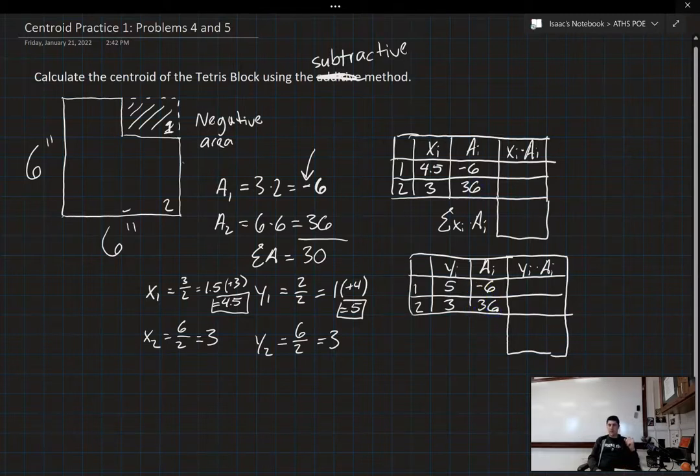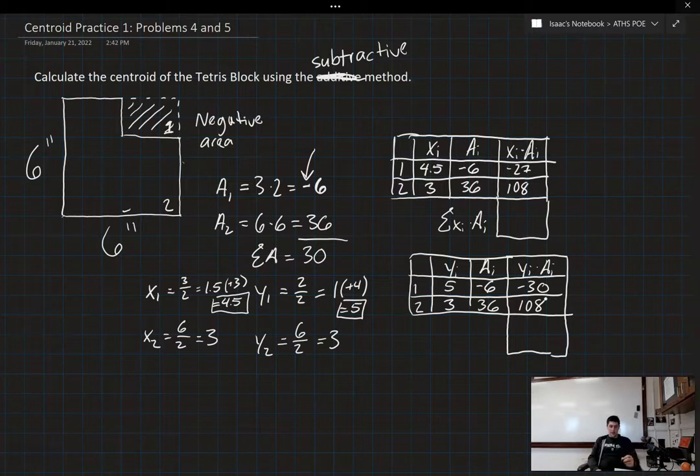Alright, so just like before, we're going to multiply across and then add down. So 4.5 times -6 is -27. 3 times 36 is 108. 5 times -6 is -30. 3 times 36 is 108. So I've multiplied across. Now I'm going to add down.